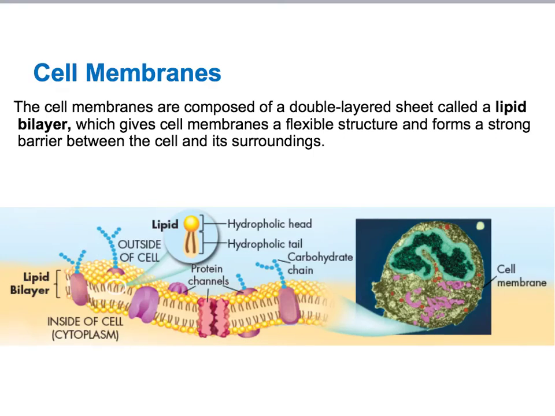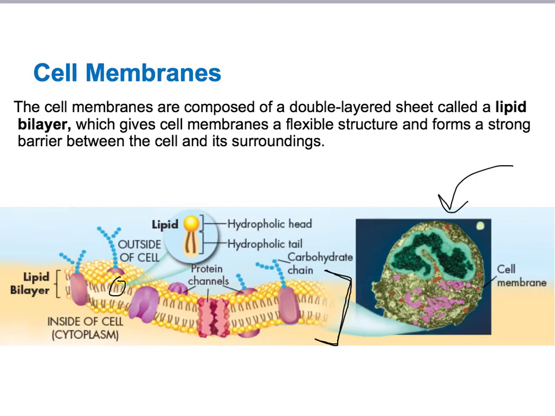The cell membrane is composed of a double-layered sheath called a lipid bilayer. If you remember, lipids are fats, and this gives cell membranes a flexible structure and forms a strong barrier between the cell and its surroundings. So if you can see, this would be a picture of a cell, and this is the zoomed in version of the cell membrane. So we have the lipids here.